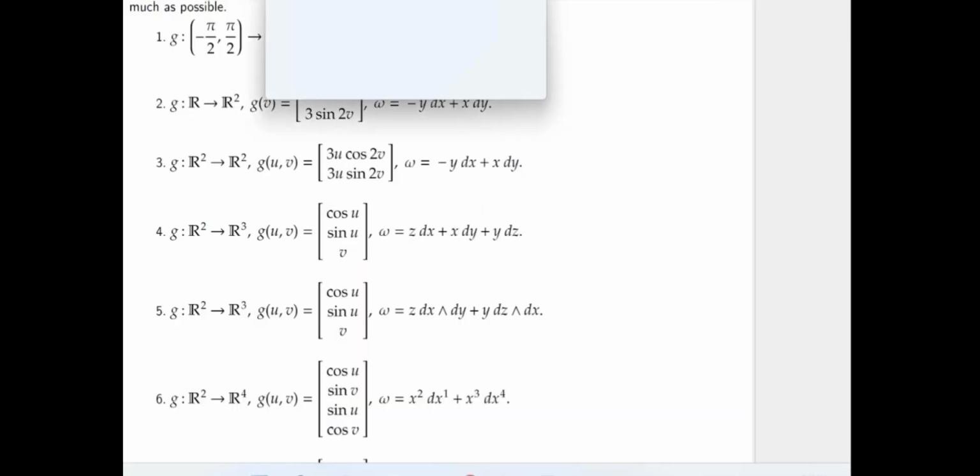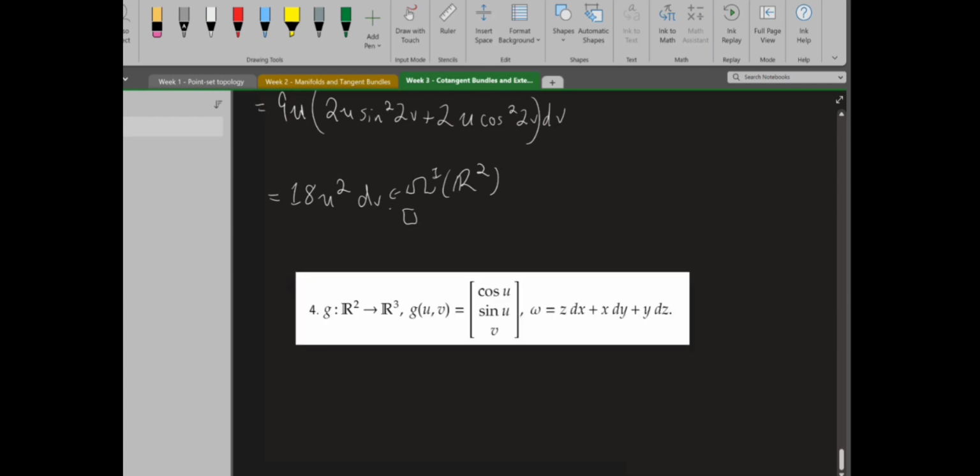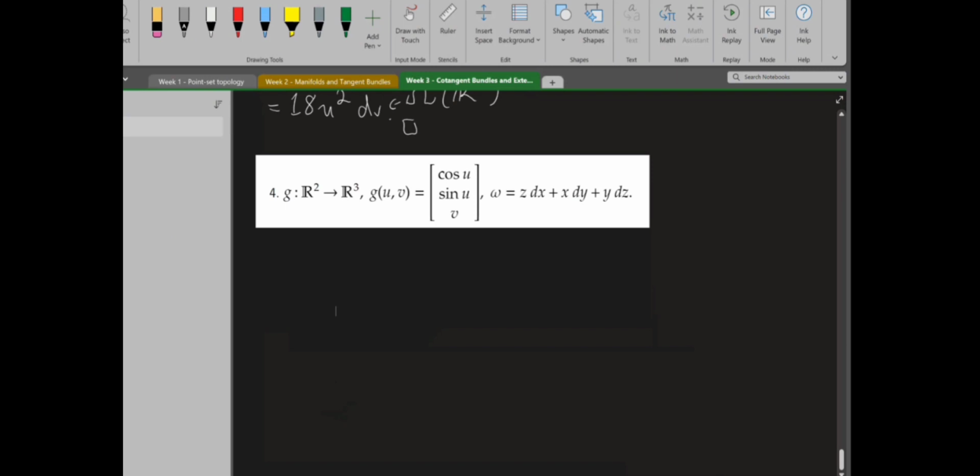Now pulling back from R3 to R2, again a differential one form. Okay, so now this is our x component, this is y, and this is our z component for the G parameterization.